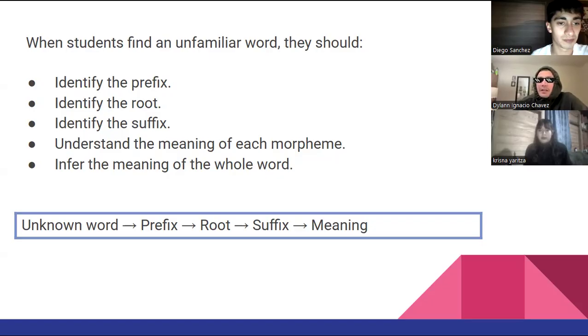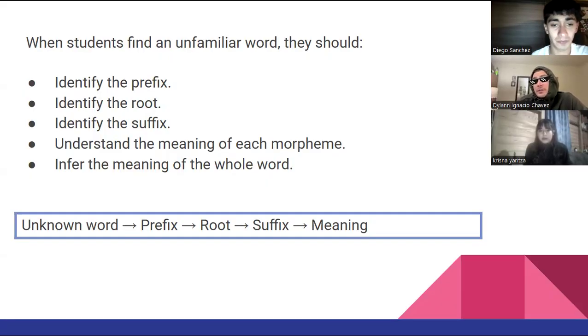Students first identify the prefix un-, which means not or expresses negation. Then they identify the root employ, which refers to having a job or work. After that, they identify the suffix -ment, which forms a noun and indicates a state or condition.